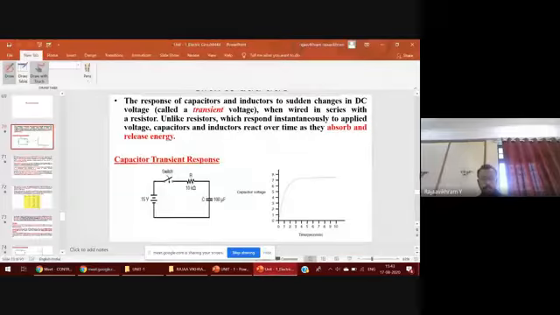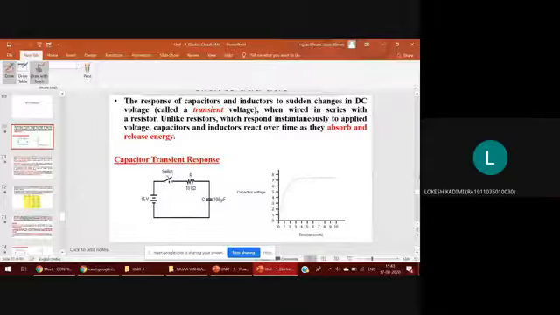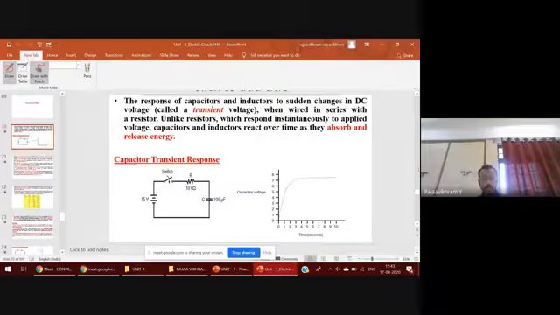Can you see the capacitor transient response? You see that DC voltage is applied to the switch, resistance and capacitance. As the time t increases, the voltage across the capacitor is slowly building up. After it reaches the maximum charge, that is the maximum energy storage, it becomes constant.